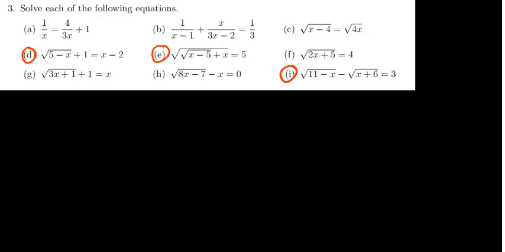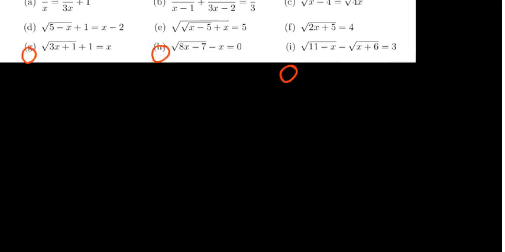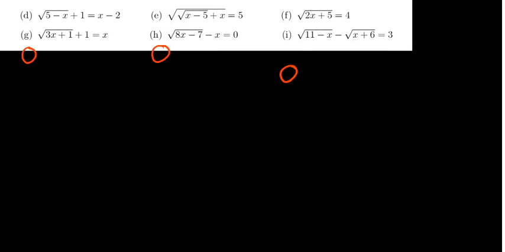So D is saying we have the square root. Our question D is the square root of 5 minus x, plus 1, is equal to x minus 2. I believe you can see my board.